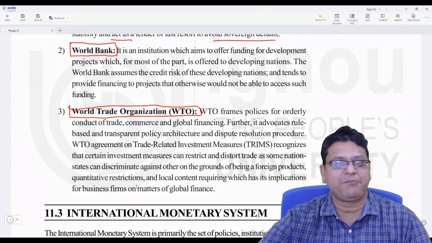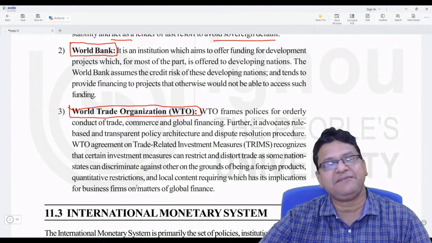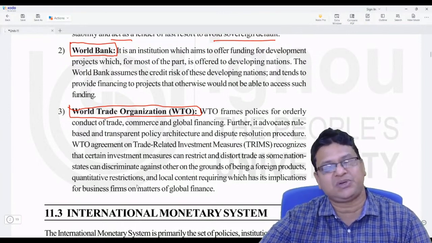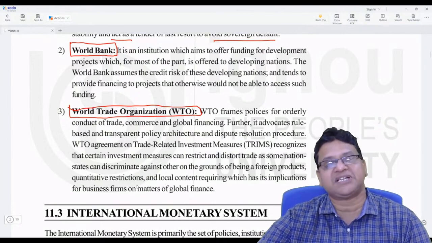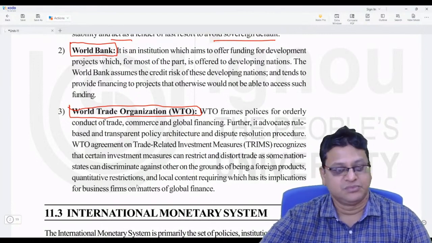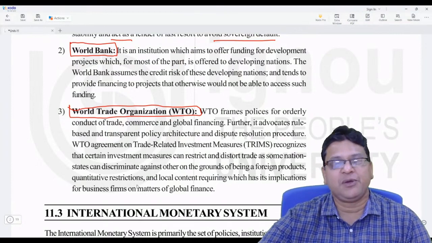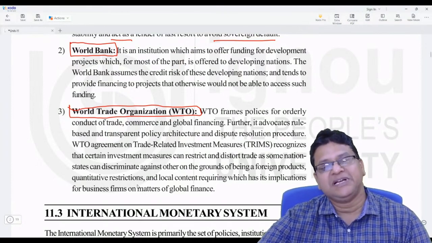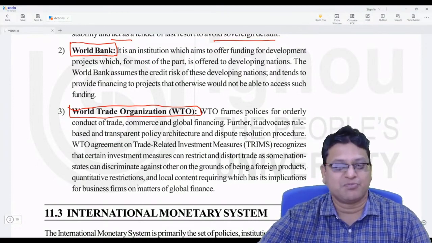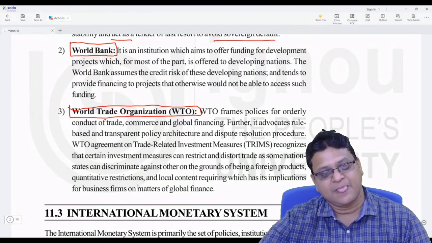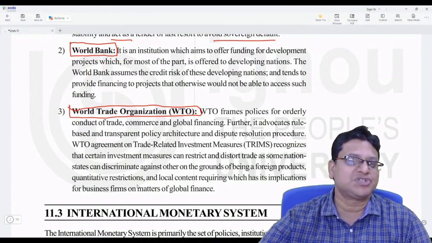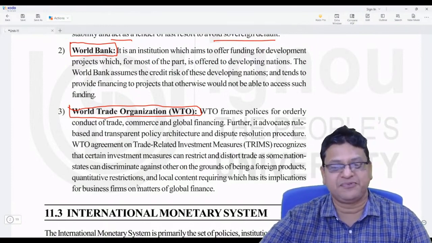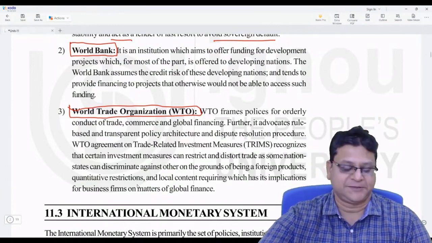It was attended by 44 countries and they decided how to restore the world which was devastated by World War II. For this, they were trying to create some international or multilateral institutions. Among them, two are most important. One is IMF, another is World Bank.